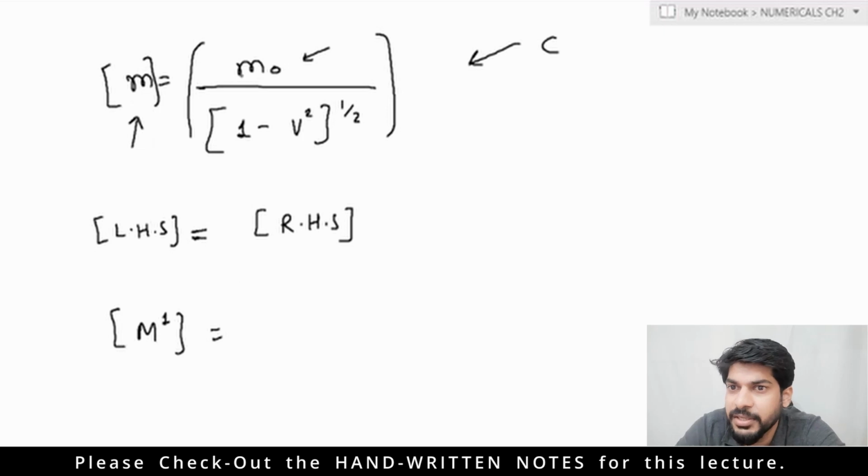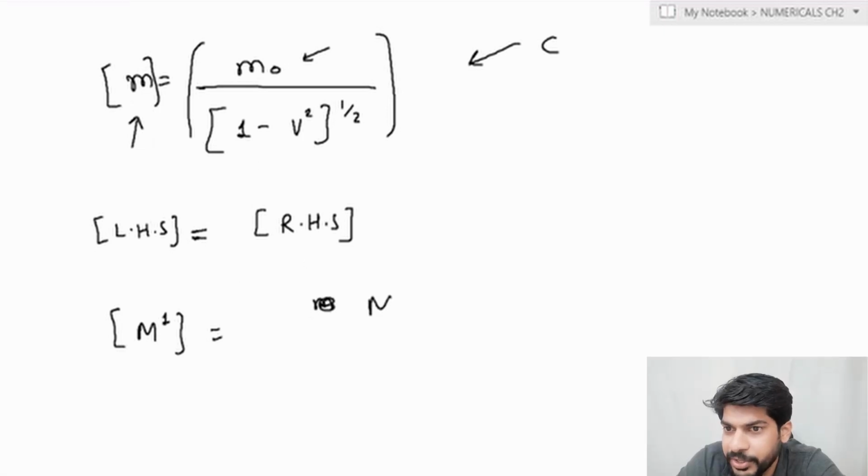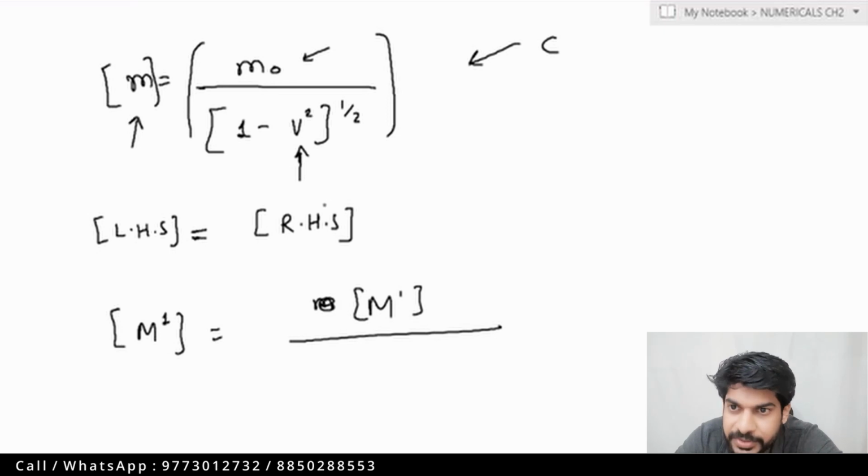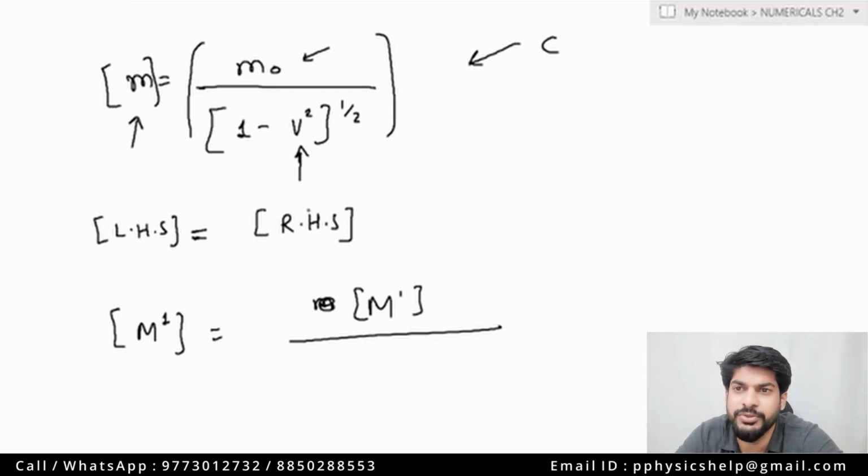But here you can see there is m naught, that means there is an m raised to 1 here, divided by this quantity, which also has some dimensions. Right now we can't solve this fully because there is a power also, so we would have to use some mathematical methods.